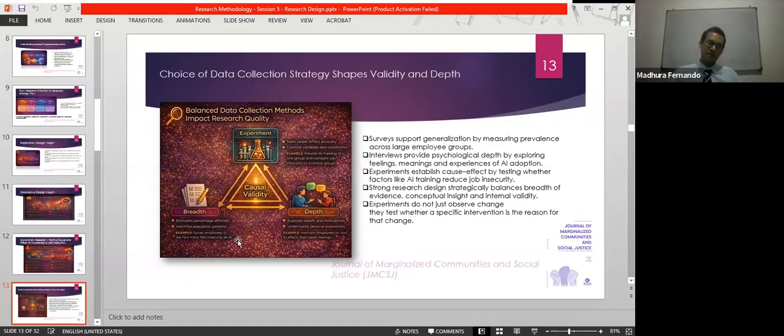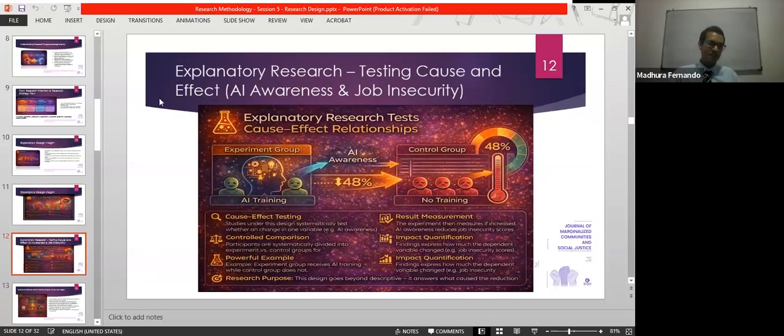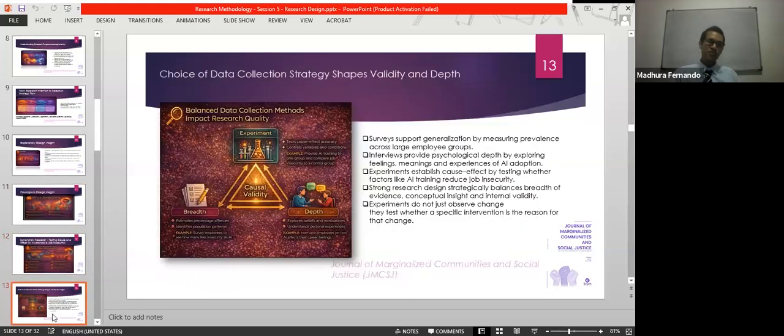And then with that information you have to conduct an experiment to check whether there is cause and effect. You have to isolate the cause and effect, as I explained in the previous slide, so that you know for sure that there is a cause and effect, right?